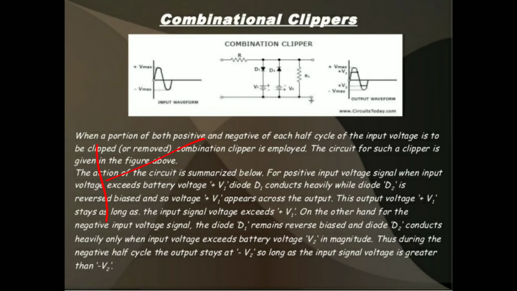D1 reverse bias acts as an open switch, and D2 forward bias acts as a closed switch. From which diode will the current flow? From the D2 diode the current will flow, while the other diode D1 is in off condition and D2 is in on condition.